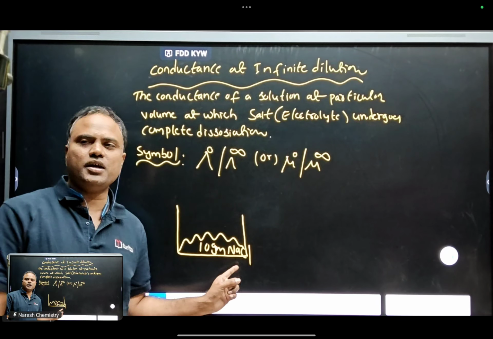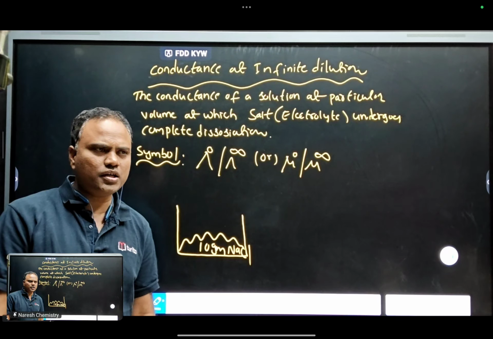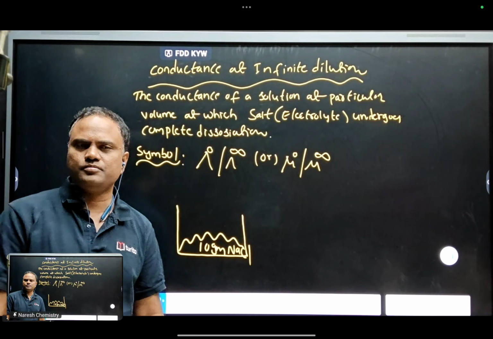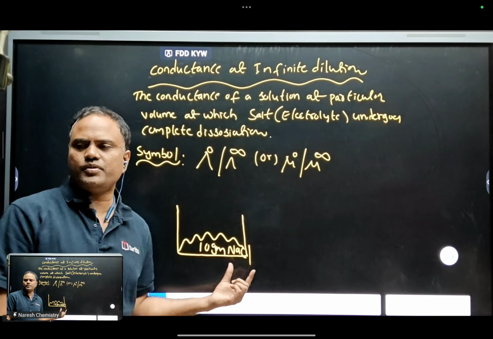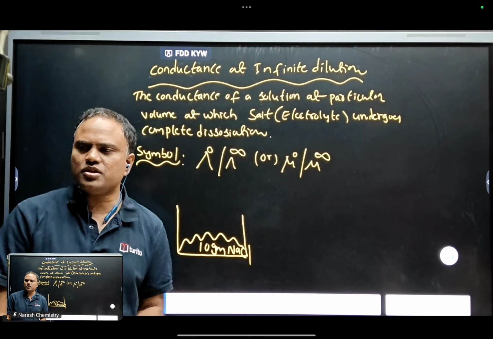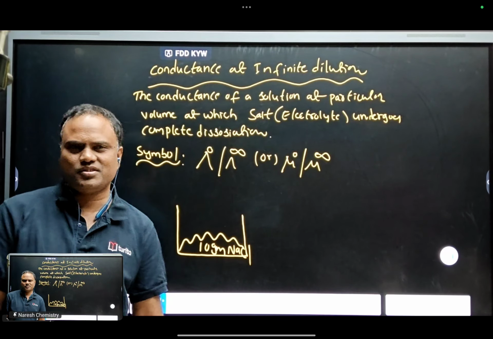Before addition of water, it is a bad conductor of electricity. Why? Solid NaCl is a bad conductor. There is no free ion. Before addition of water, its conductance is zero.